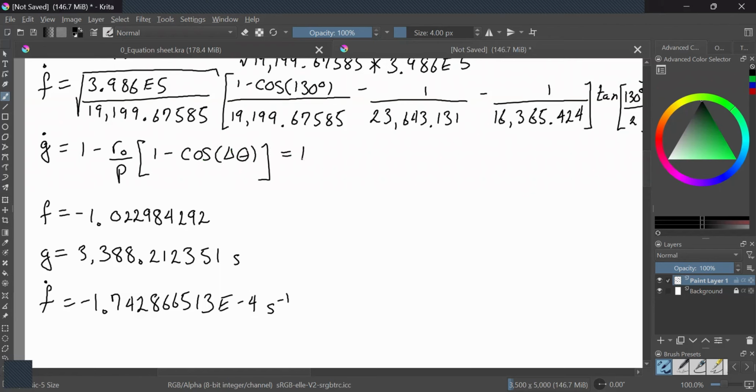That becomes 1 minus r naught, 16,365.424 over 19,199.67585 times 1 minus the cosine, 130 degrees.